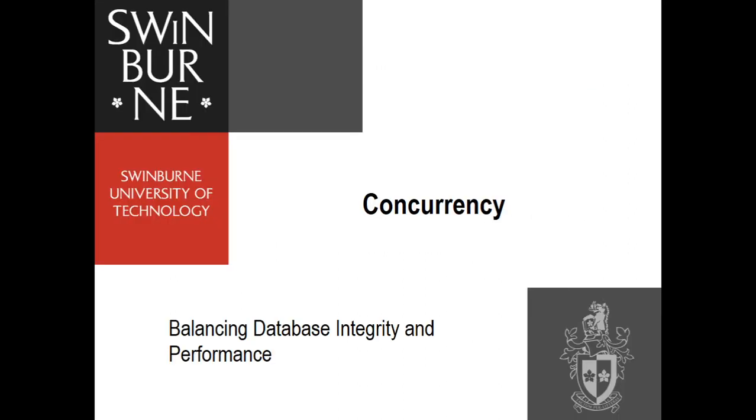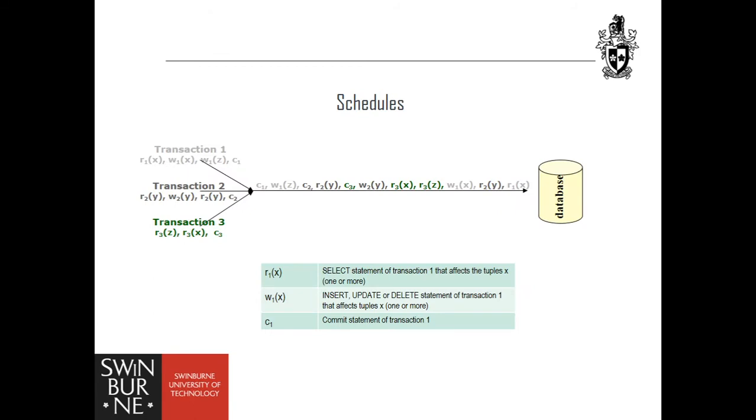Okay, so we go to the second part, concurrency. In this module, I will explain why transactions are important, and how database simulation can balance performance and isolation. The statements of different transactions arrive at the database, usually from many users over the network. In this notation, an R is a read statement and a W is a write statement.